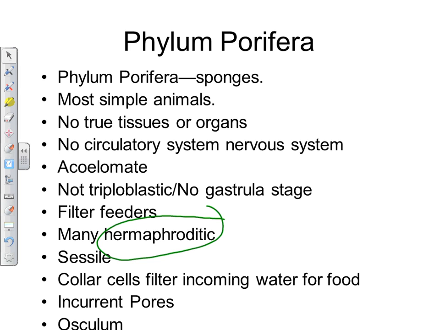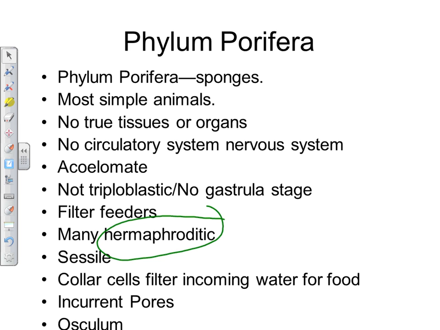Also, most all sponges are sessile. That may be a new word for somebody. Anybody know what that means? Sessile. They cannot move. For most sponges, the only time they can move is when they're very early on, they're a larva to begin with. They start off by sperm and egg, just like you do, and that forms a larva. That larva looks like a little protozoan. It can swim around.